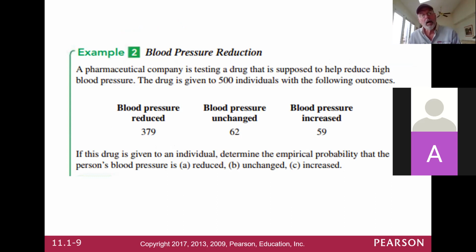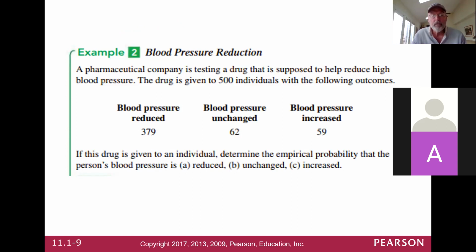So this is an example coming from your textbook. I highly recommend that you read chapter 11 for this. This is a pharmaceutical company testing a drug that is hopefully reducing high blood pressure.